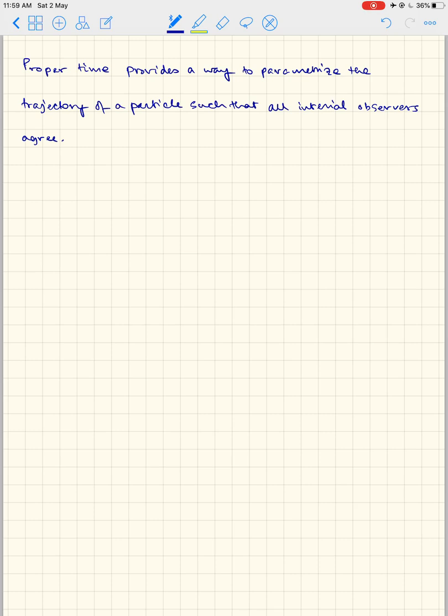So now suppose you are looking at the trajectory of a general particle. Consider the trajectory of a general particle in a frame.